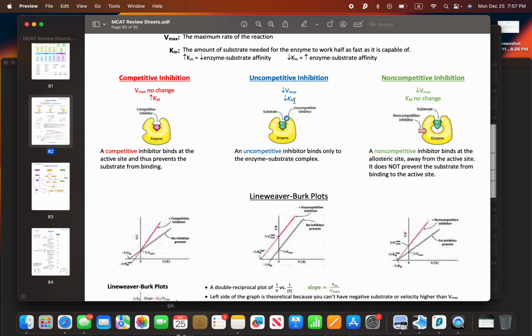And here we can see that the uncompetitive inhibitor binds only to the enzyme substrate complex. Still, I want to specifically know what is happening here that makes the enzyme more attracted to the substrate, and also decreases the number of enzymes available in the reaction.